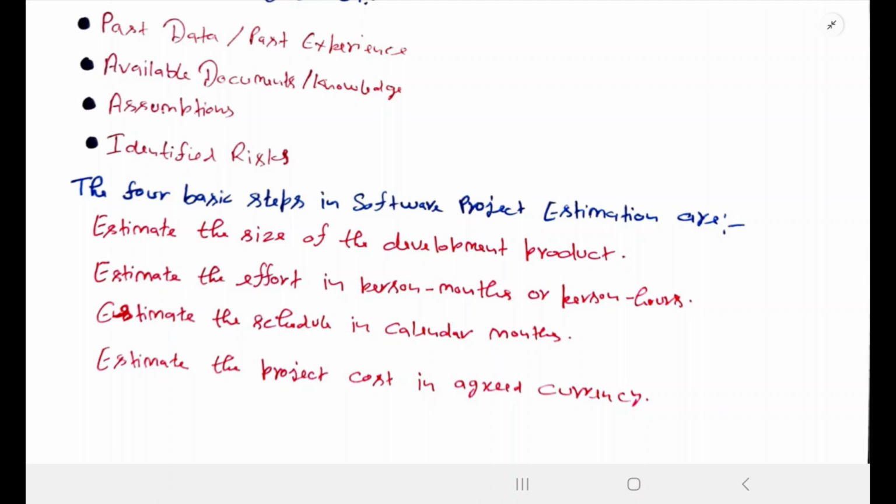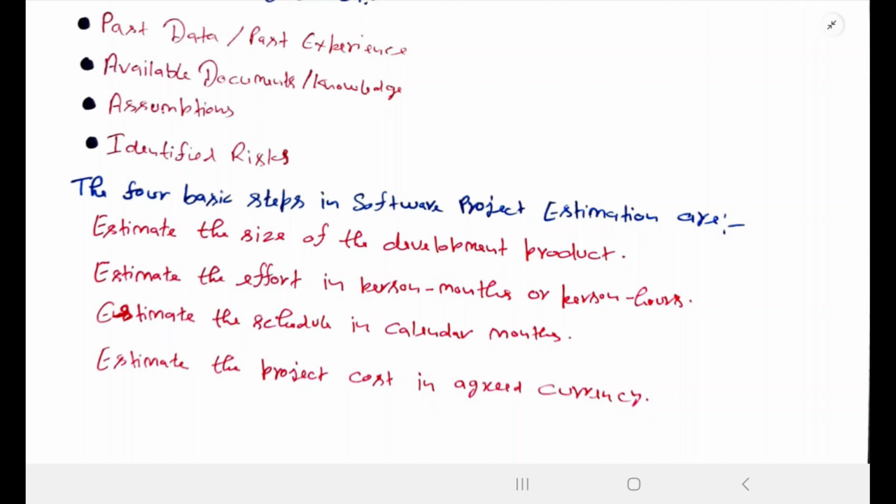When we prepare numericals based on this, we will find what a person-month is and what person-hours are. The next one is estimate the schedule in calendar months. Schedule means time as well, how much time it will take to complete this particular project.